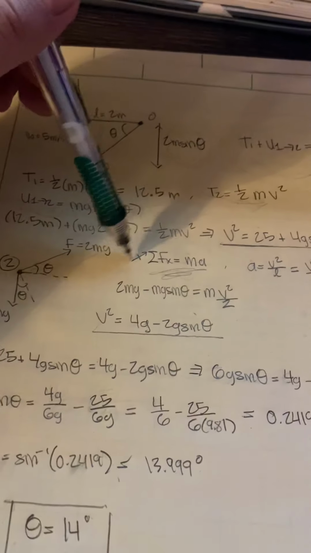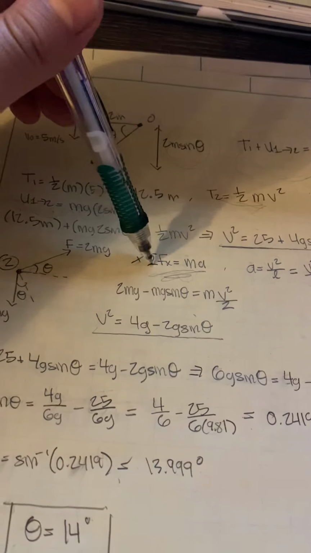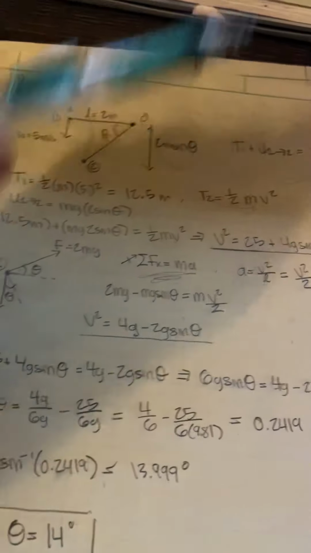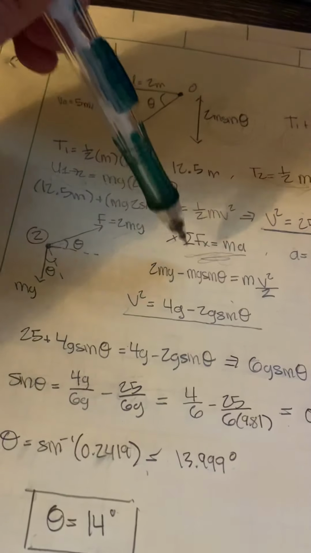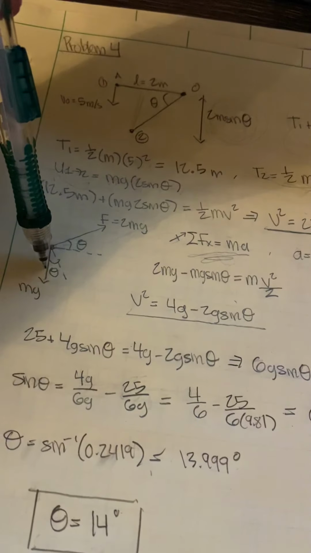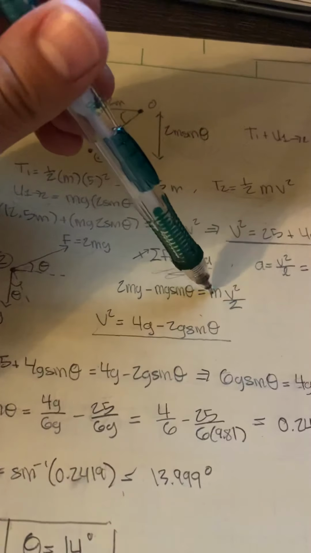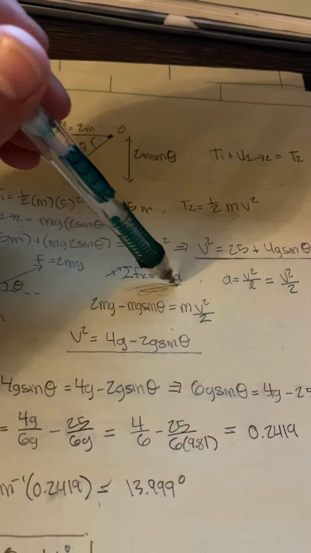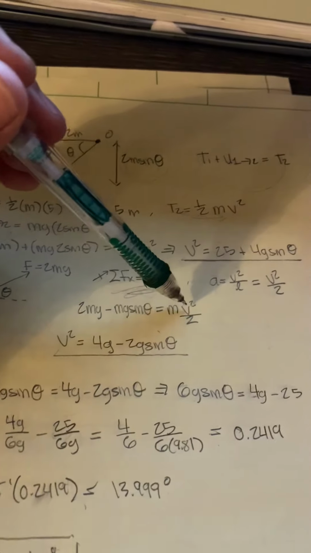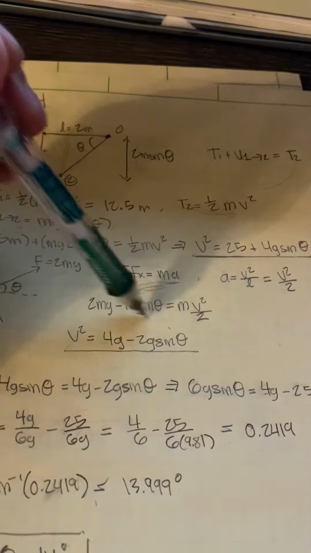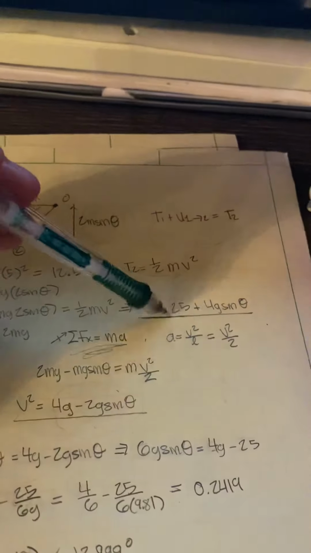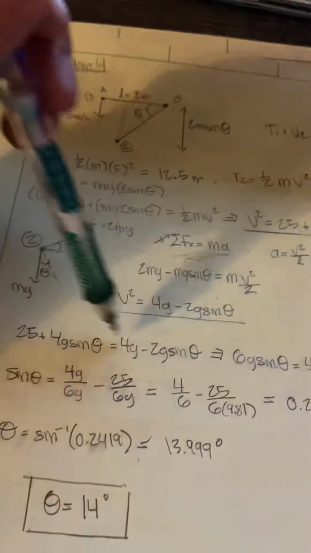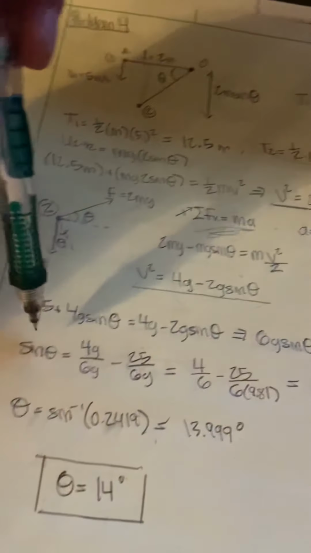And then once we take the sum of forces in the x direction, which will be slanted, it's 2mg minus mg sine of the angle, and it's equal to m v squared over 2, which is this right here. And then again, we get v squared by itself, and this is what we're given. Set these 2 equal to each other, which is what we did right here, and try to solve for the angle.